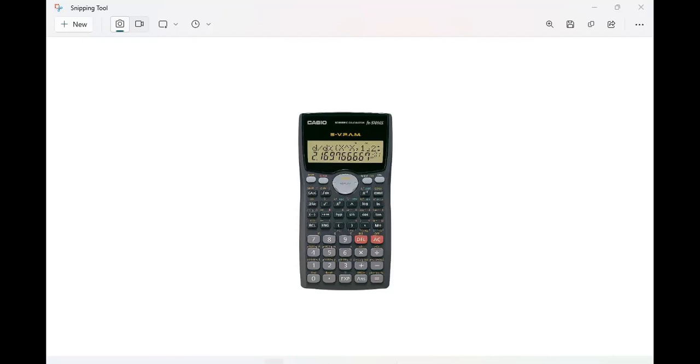6 combination 4. I found 15. Okay, 15. Is everyone getting 15?